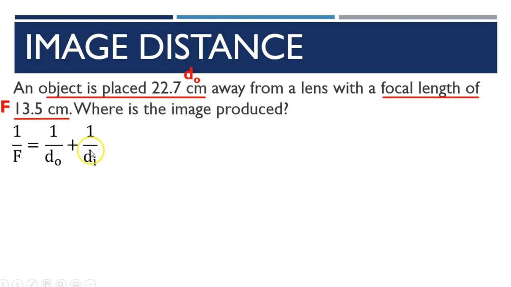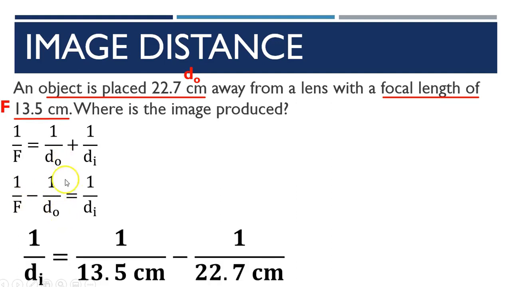Same equation. We're actually going to rearrange it the same way we did before, only now we're subtracting the 1 over DO to move it to the other side. So 1 over DI is going to be equal to 1 over F minus 1 over DO. So plug in what you know. 1 over F. F is our focal length, 13.5 centimeters, minus 1 over 22.7. That's our object distance.